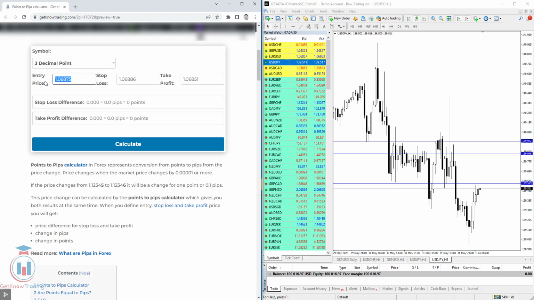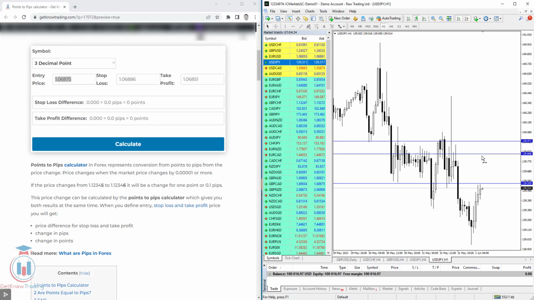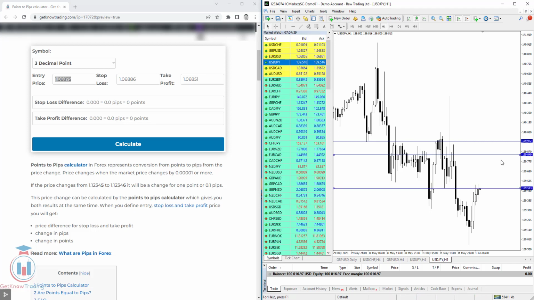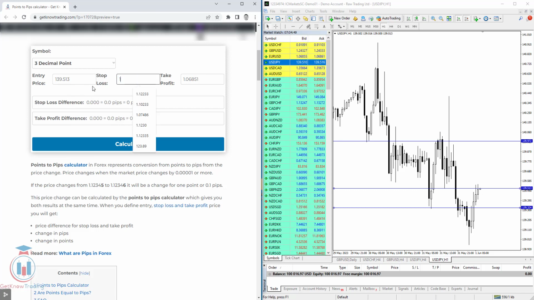Let's put here the entry price, for example, it will be here, at the current market price. Let's put stop loss here, and the profit will be above. Let's put here, entry price is 139.513, stop loss would be 139.324, and the take profit would be 139.972. Click calculate, and this is what you get.